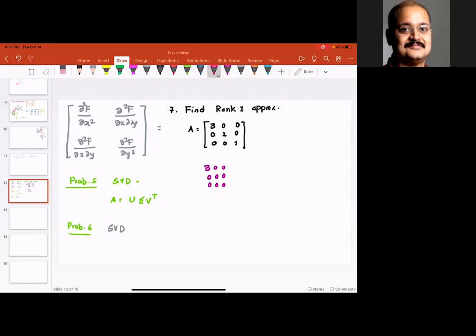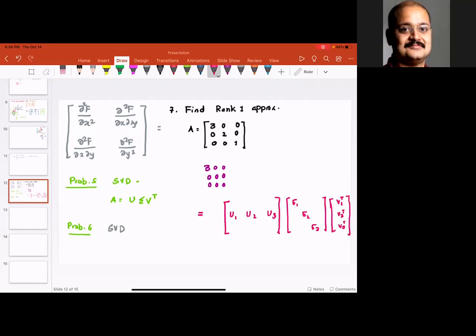Let's take a step back. If you were to find the SVD of A, you agree with me, you are going to find U1, U2, U3. You would find sigma 1, sigma 2, sigma 3. Agreed? And you will find V1 transpose, V2 transpose, V3 transpose.